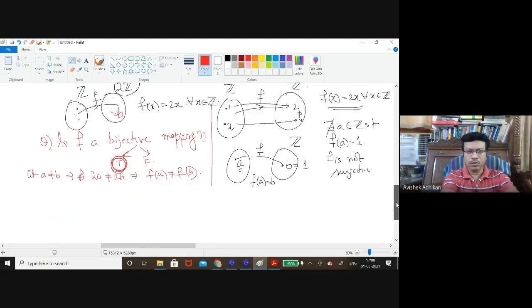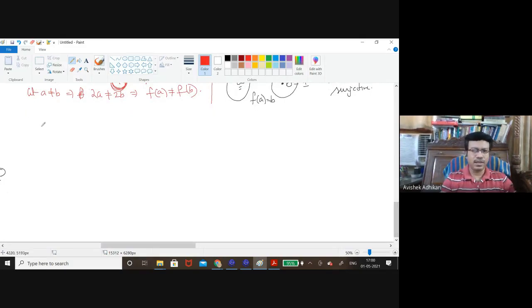Now, suppose I have here a set like 1, 2, 3, and here I have also 1, 2, 3. And I want to define a mapping. A mapping means you have to define for each element here. Suppose this is my set A, the same set as A, and F is my mapping.